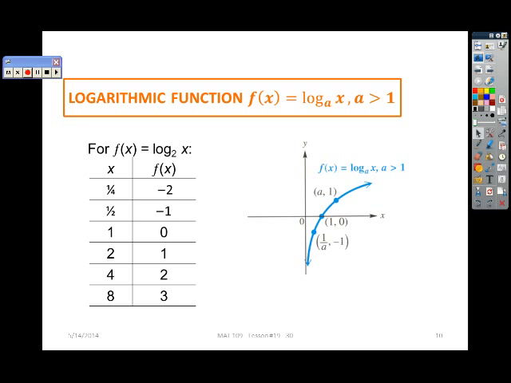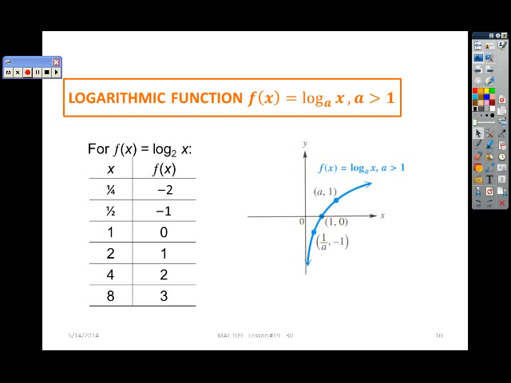We're going to always go through the point (1, 0). The exponential went through (0, 1). This goes through (1, 0). This is going to go through the point (a, 1). The exponential went through (1, a). This goes through (1/a, -1).